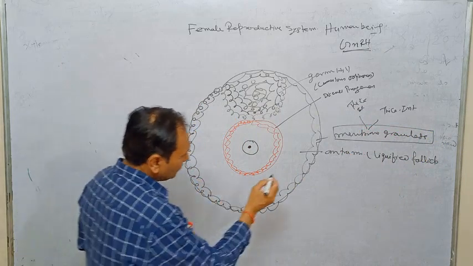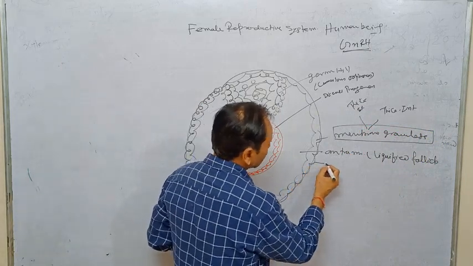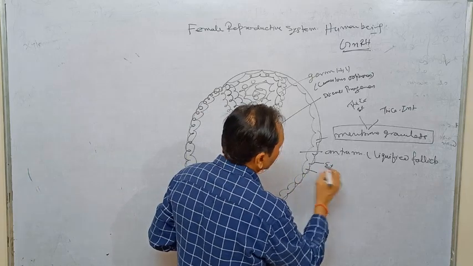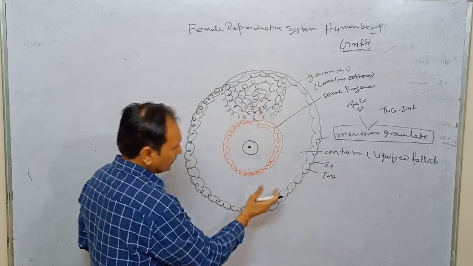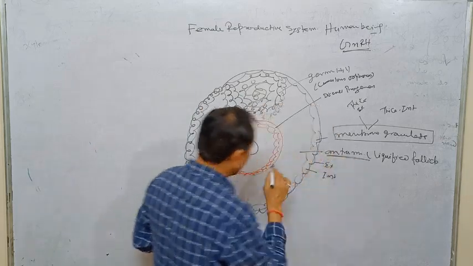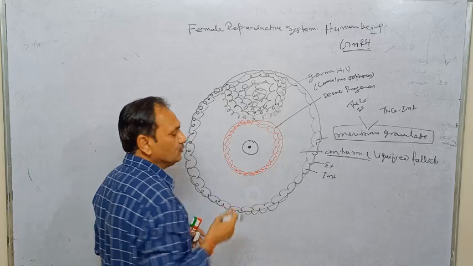This outer membrane is called theca externa and the inner membrane is called theca interna. And below this particular membrane there is a cavity that is called antrum, which is filled by liquid.